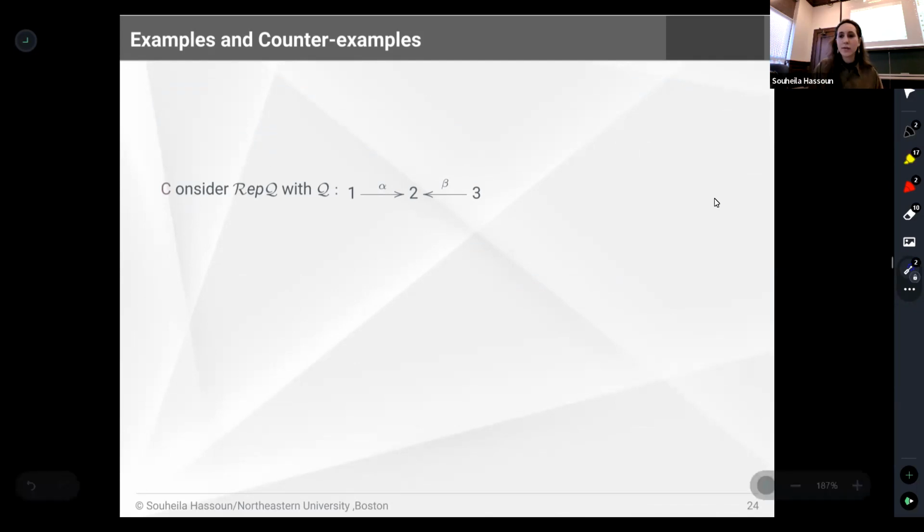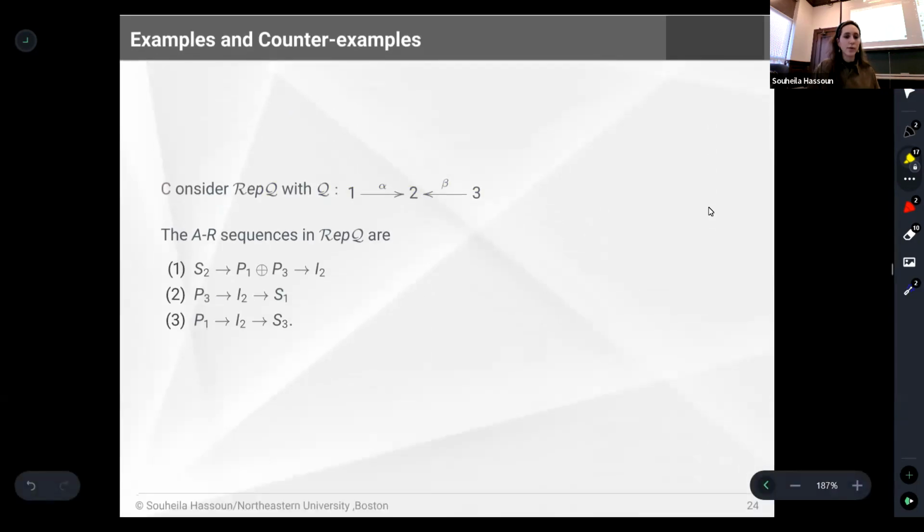So if we take the category of representations over the A3 quiver, which means we take for every vertex a vector space and for every arrow a linear map, and so we get a representation of this quiver. This category has 3 almost split sequences, which are not split.